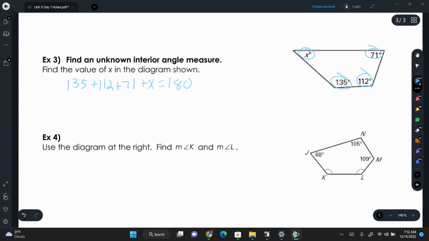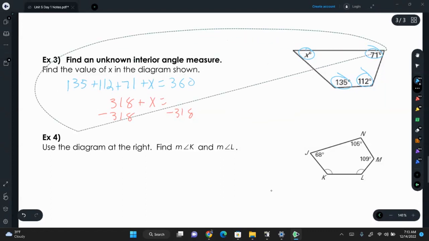So if I were to add up 135, 112, and 71, that gives me 318. So 318 plus x equals 180. And when I subtract 318 from both sides, I'm sorry, not 180, this is supposed to equal 360. We're just going to start over.